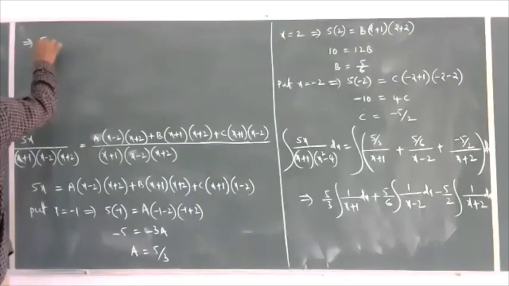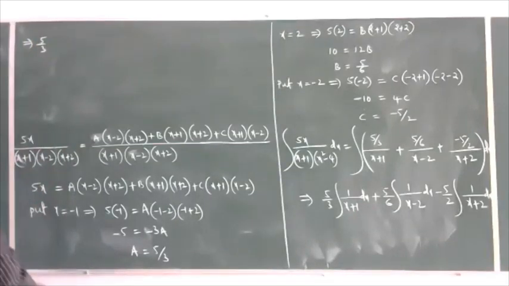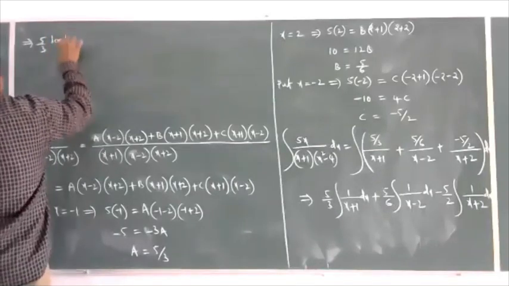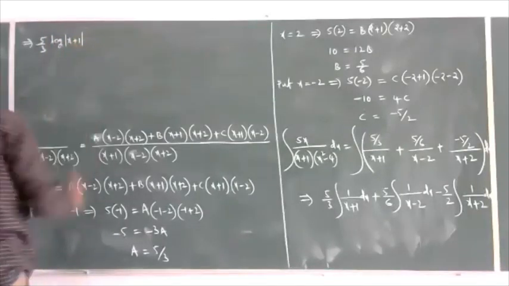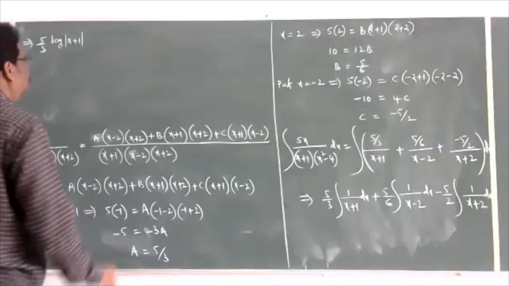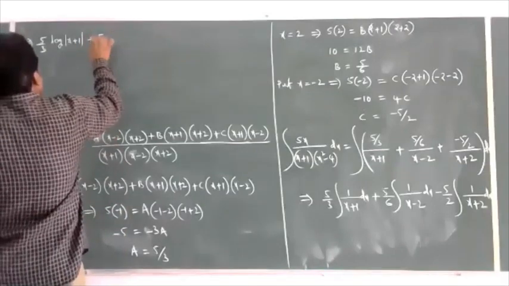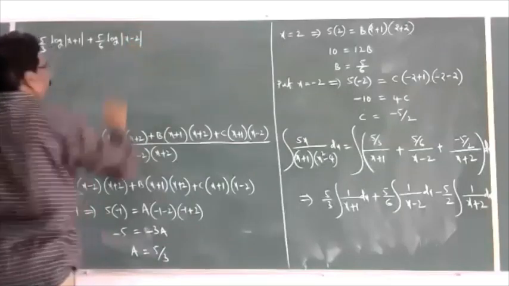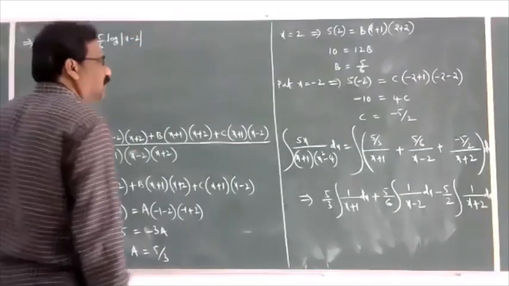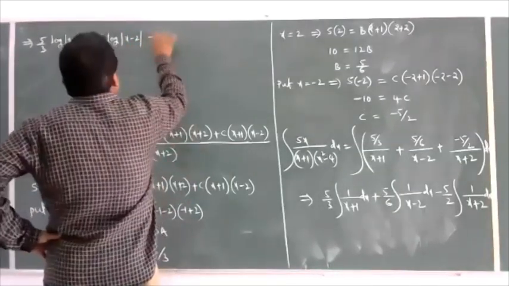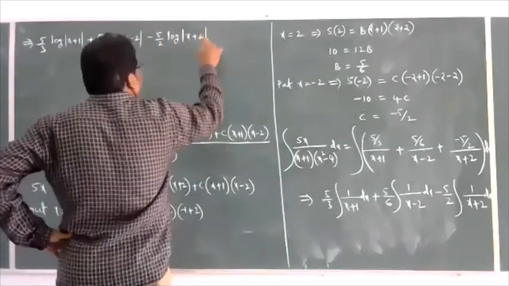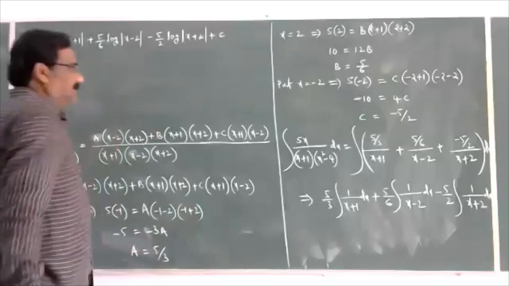That implies 5 by 3 into integration of 1 by (x plus 1), that is log mod (x plus 1), plus 5 by 6 into log mod (x minus 2), minus 5 by 2 into log mod (x plus 2), plus C.